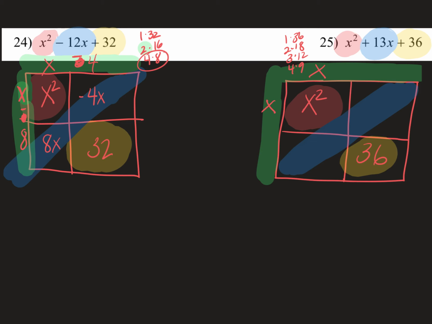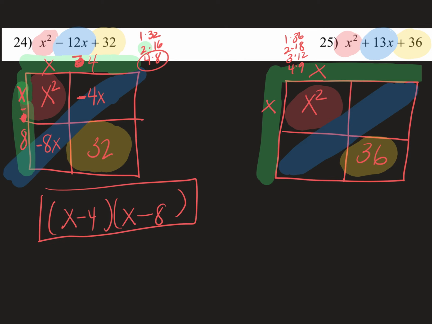Then negative 4 times x is negative 4x. X times negative 8 will give me negative 8x. And negative 4x plus negative 8x is negative 12x. So it's a product of x minus 4 times x minus 8.